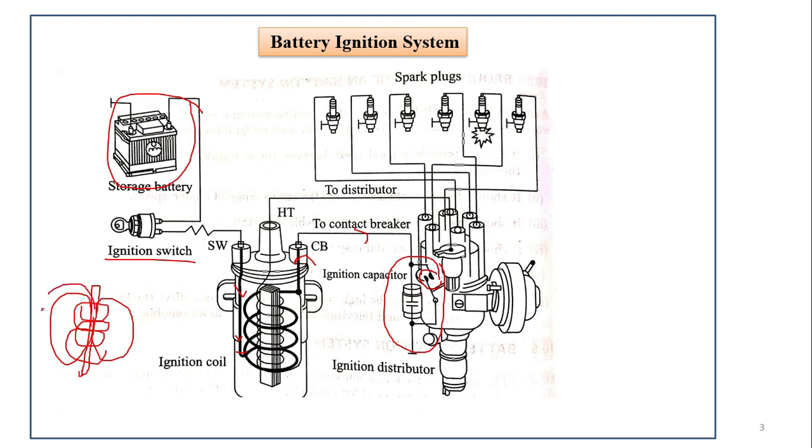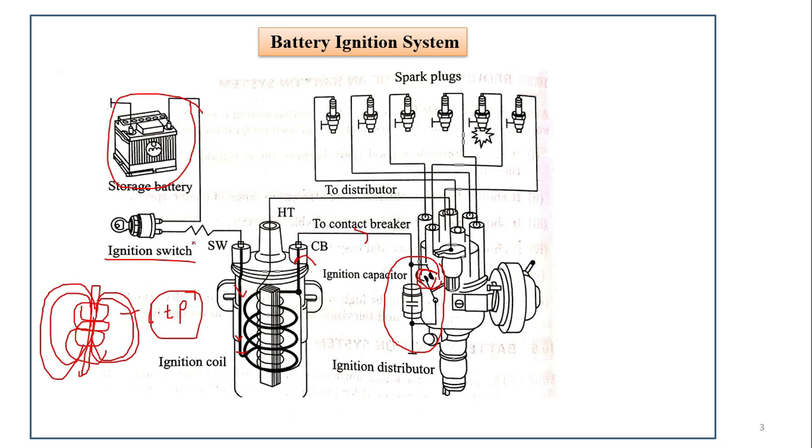This is the simple basic principle. Due to the contact breaker points continuously making and breaking contact, these lines will collapse and be produced again. Due to this, a very high voltage will be developed in the secondary windings.